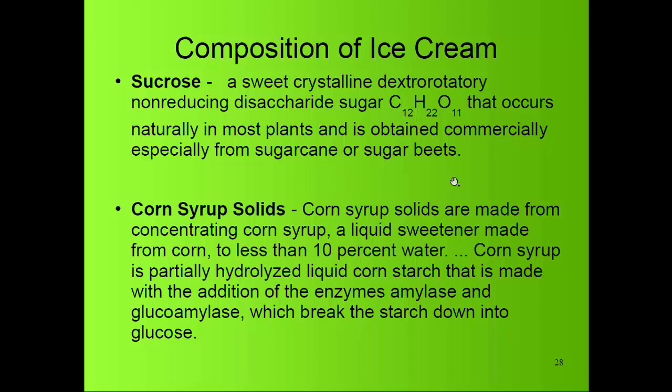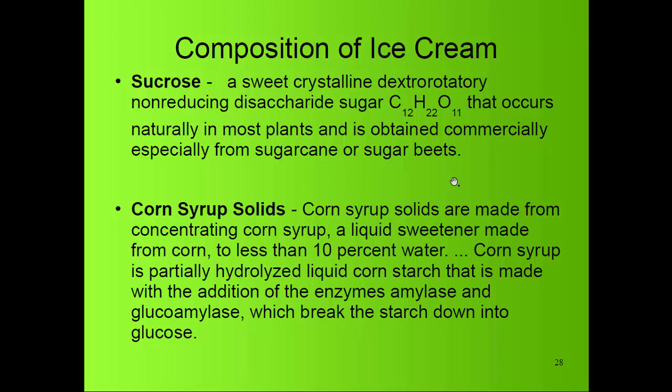It occurs naturally in most plants. Normally this is our table sugar, obtained commercially from sugar cane or sugar beets. We'll actually watch a movie of how we get the sucrose from the sugar cane and sugar beets.